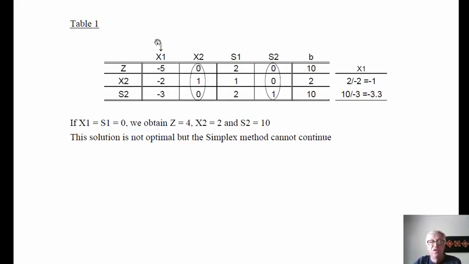So we are blocked. We cannot proceed. The simplex method just gives us this information. When we have something like this in the simplex method, what's happening is that the solution is not limited, and we can conclude that by analyzing what's happening graphically. So let's do that.